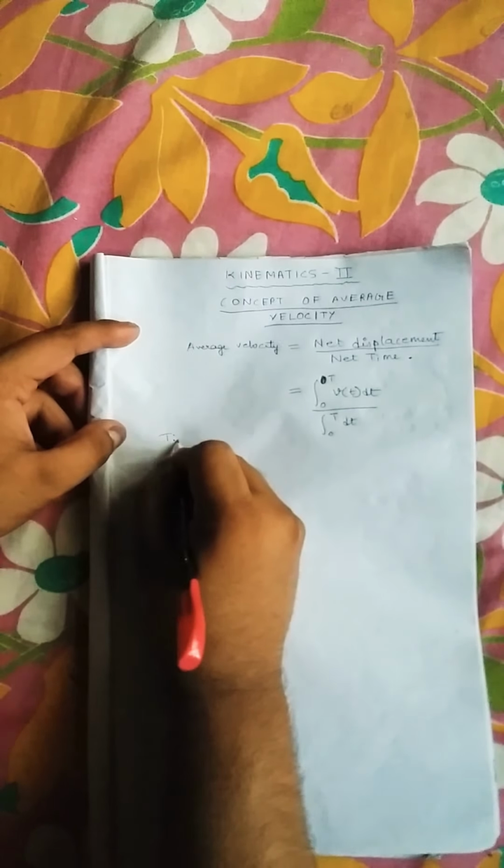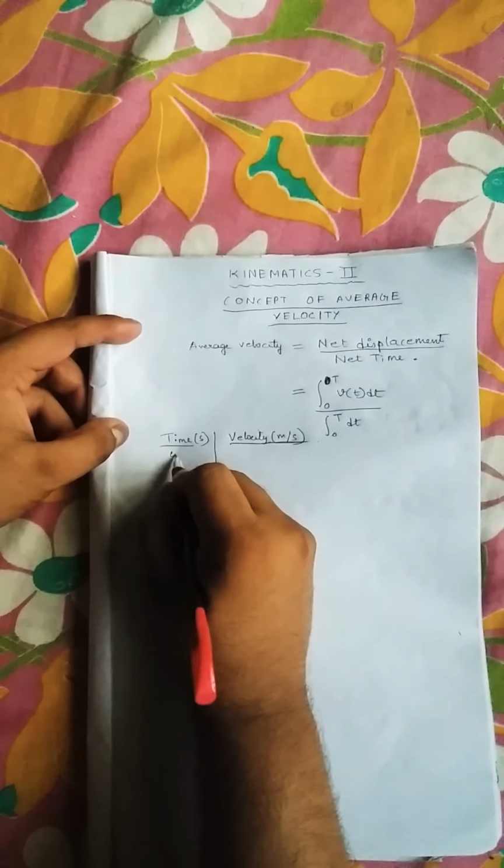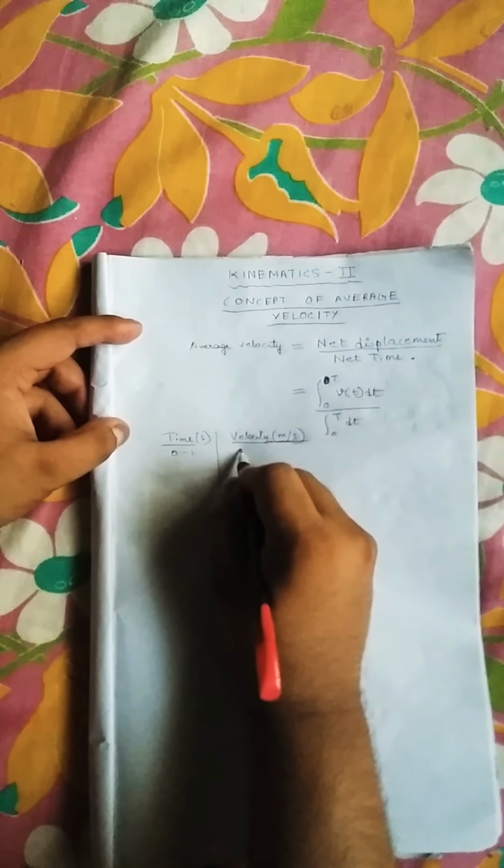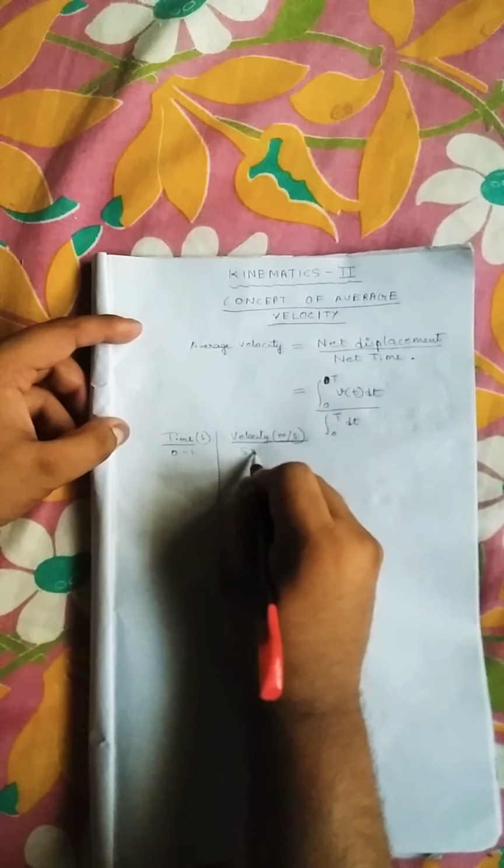From 0 to 1 second, let the velocity be 5 meters per second. From 1 to 2 seconds, 10 meters per second. From 2 to 3 seconds, 15 meters per second. From 3 to 4, 20 meters per second.